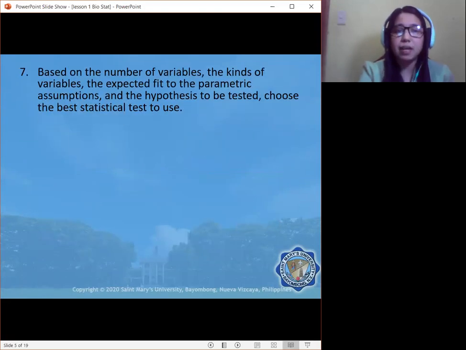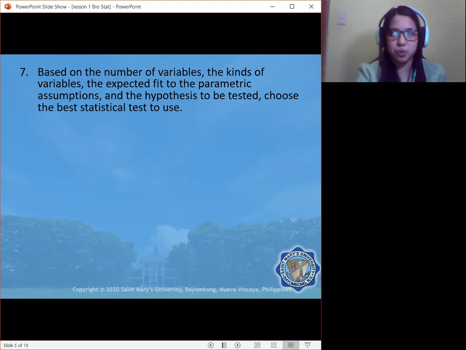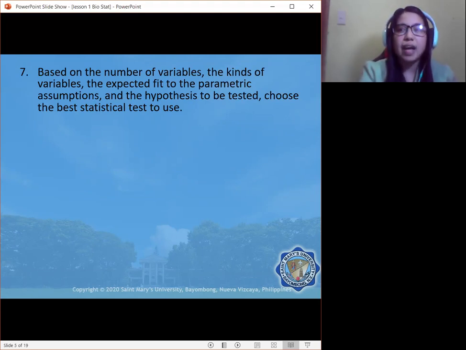Number 7, based on the number of variables, the kind of variables, the expected fit to the parametric assumptions and hypothesis to be tested, choose the best statistical test to use. So as again mentioned in this step, and also mentioned in the previous step, you must know the nature of your variables, even in terms of the number.